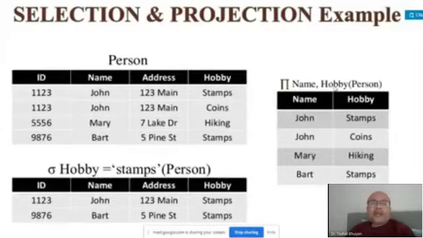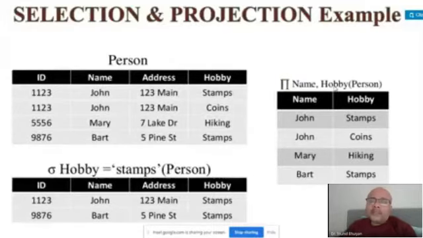Does anyone want to try? I have a table called person. I have 4 data items: ID, name, address, and hobby. Now, if I write project, that pi symbol, and then name, comma, hobby within the brackets person, it means from the table person, show me name and hobby.